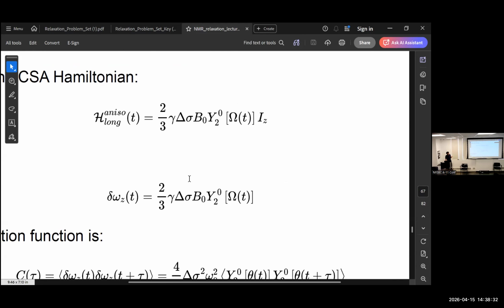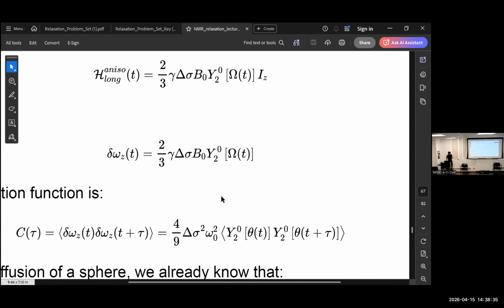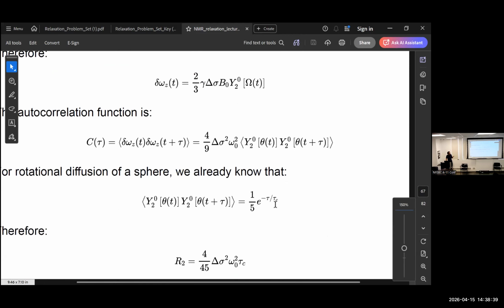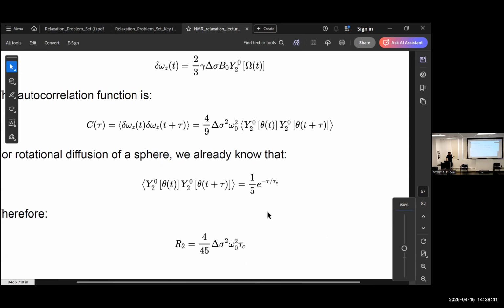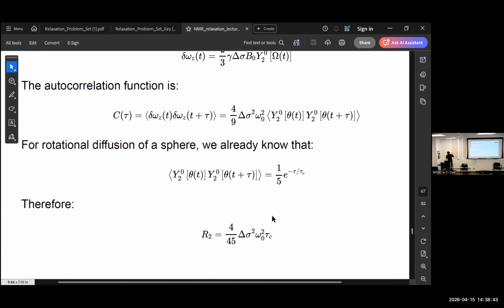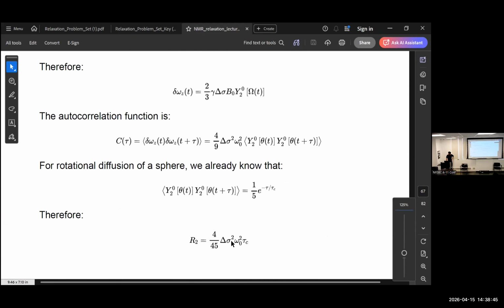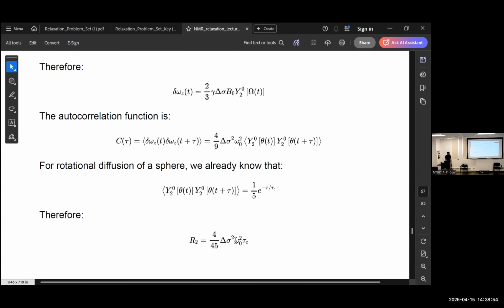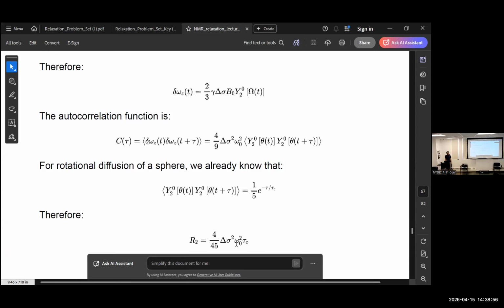The instantaneous varying frequency delta omega is given by this expression, and from a bunch of algebra, this is what the variance is. So 4 over 45, a constant that comes out of doing the math, times omega naught squared delta sigma squared.